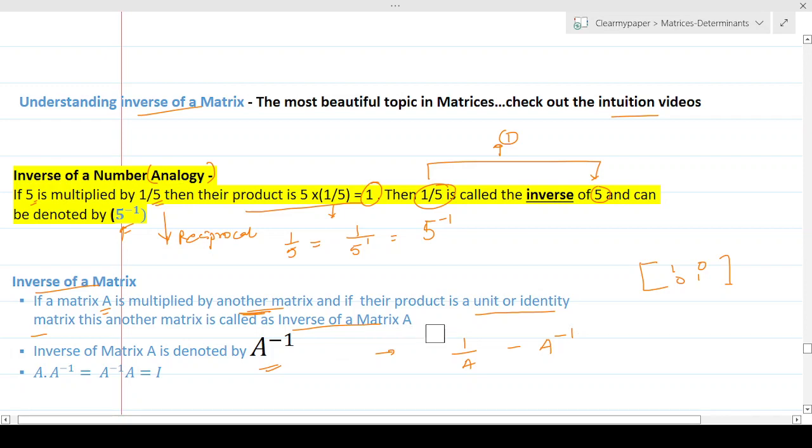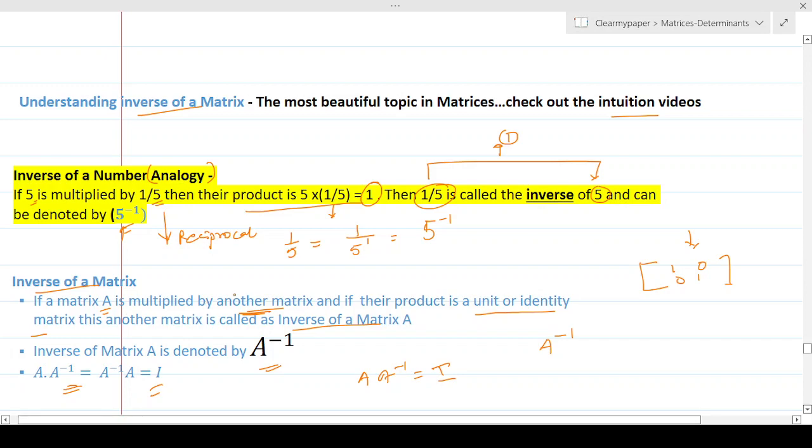But in terms of the effect, it means the same: A multiplied by A inverse is equal to I, the unit matrix. That's what it means. A simple concept: when two matrices are multiplied and the product is a unit or identity matrix, those matrices are called inverses of each other, or you can think of one matrix as the inverse of the other.